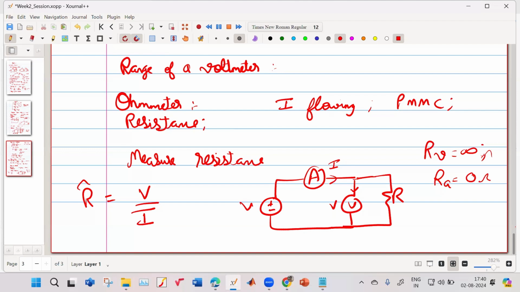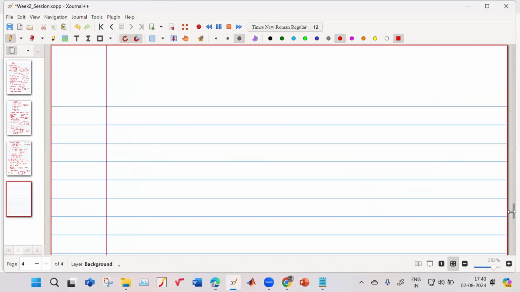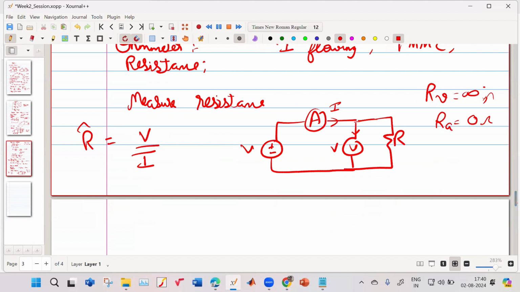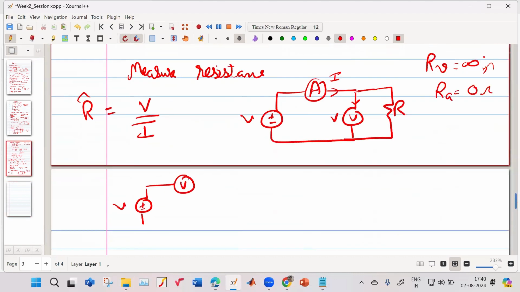There are two types of configurations. It can be in this form or in this form.